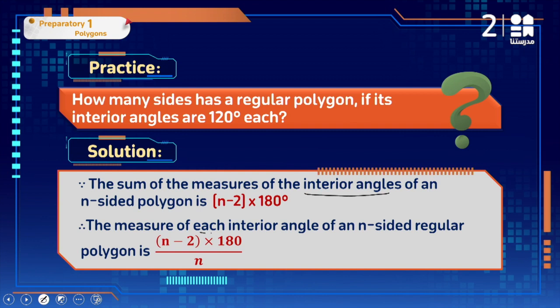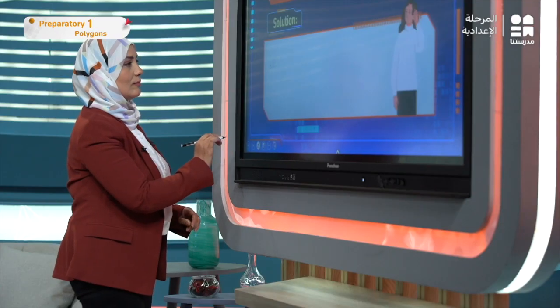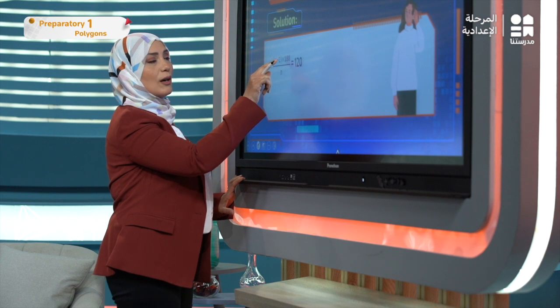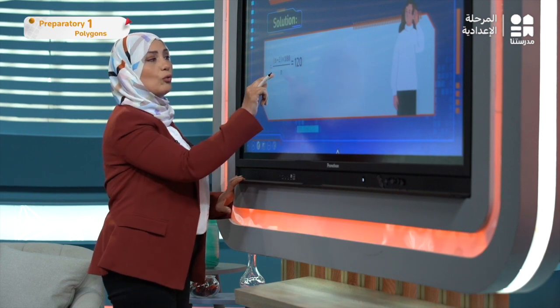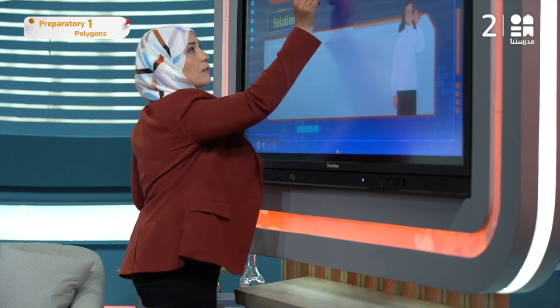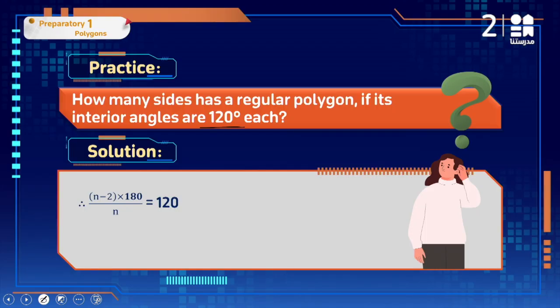I divide by n to get each one. Therefore, n minus 2 times 180 over n is 120, as given in the question.